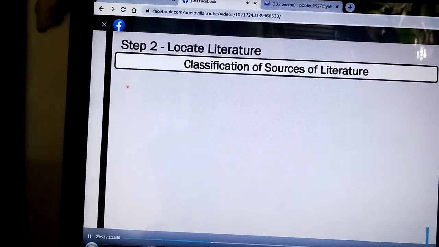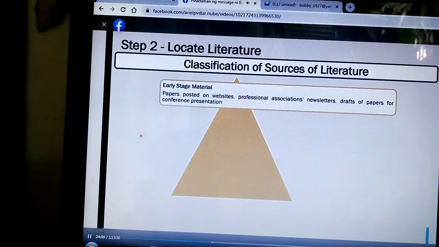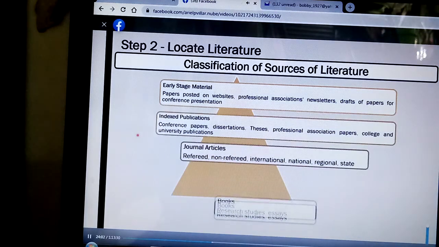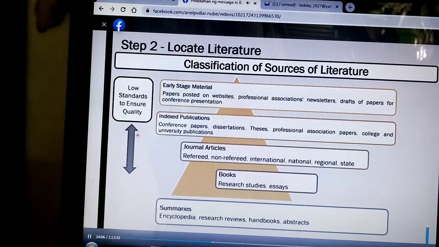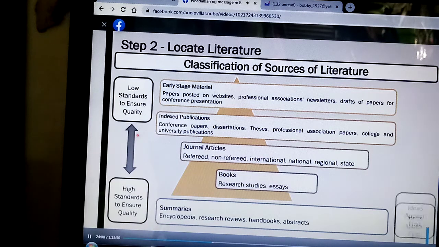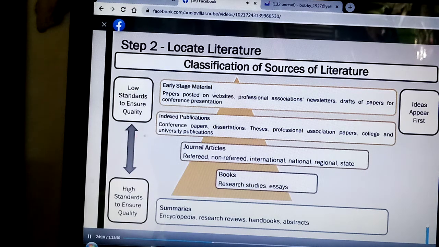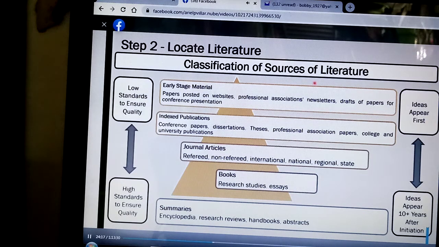Step number 2, ma'am and sir, classification of sources of literature. So, ipakita natin the pyramid according to Creswell in 2005. Ito po. So, you're going to ask me, sir, ano po yung mas pwedeng pagkatiwalaan, no? What will be the references which are of quality?